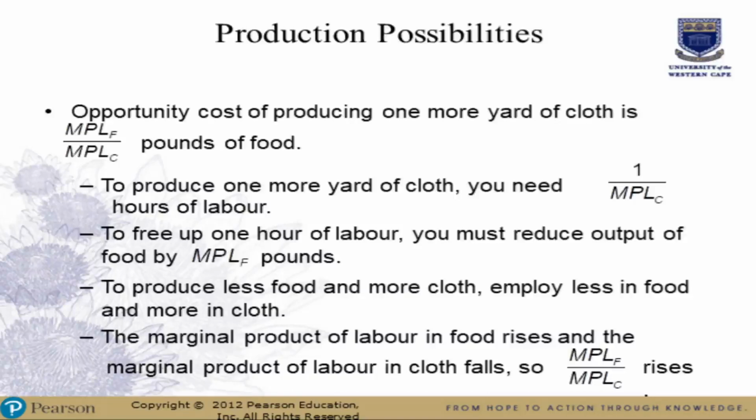Hence, the PPF becomes steeper as we move down it to the right. In general, we observe that as more labor is moved from one sector, the production output of that sector falls whilst the production of the other sector rises.